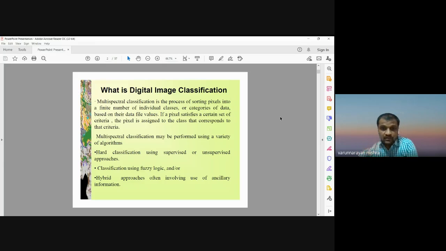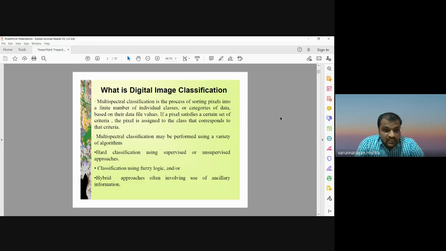So depending on the spectral response of different earth surface features captured at different wavelength intervals, we can categorize pixels of the same properties into a finite number of individual classes or categories. This process is known as digital image classification, the automatic categorization or grouping of pixels of the same type.